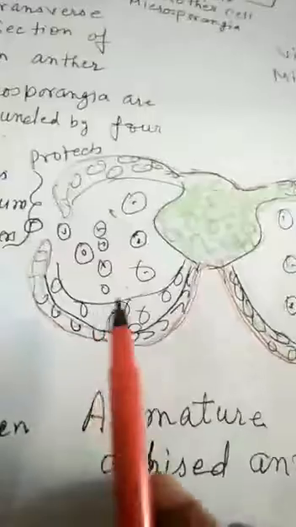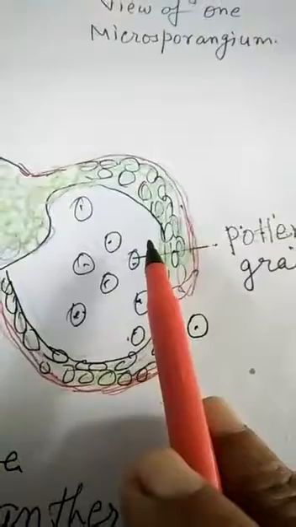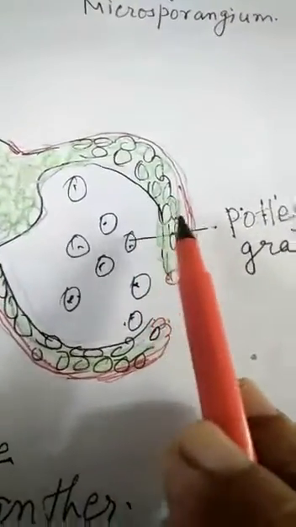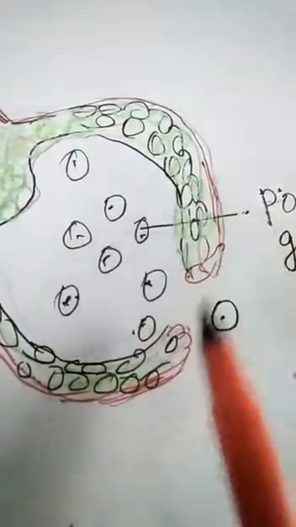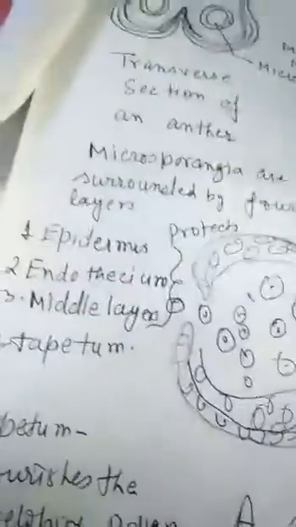After the maturation of pollen grains, the wall of the anther breaks to liberate the pollen grains. Now we can see how the pollen grains are produced.